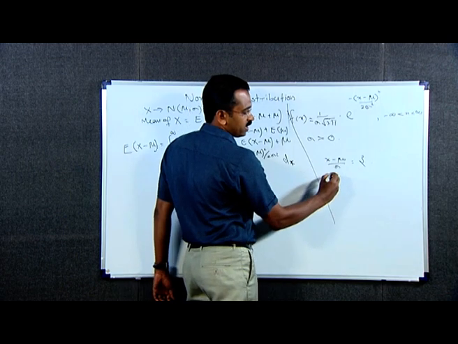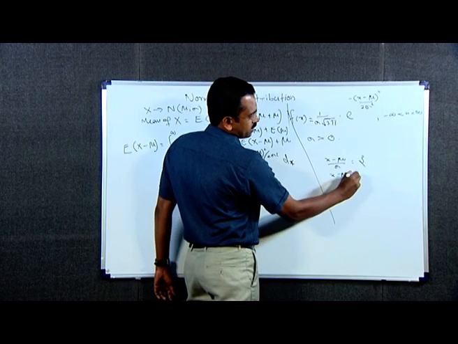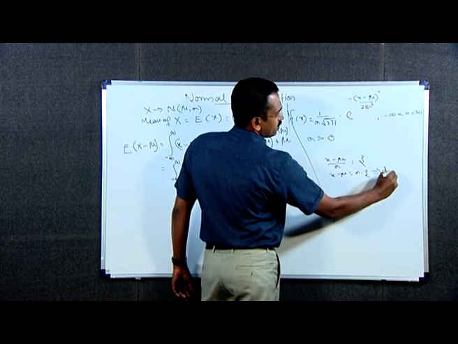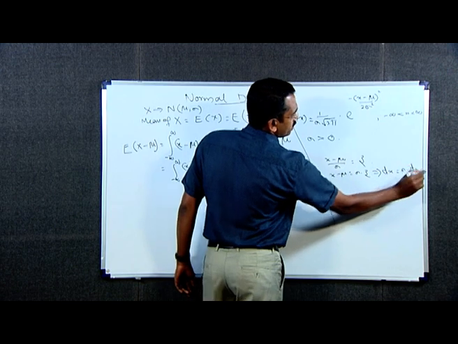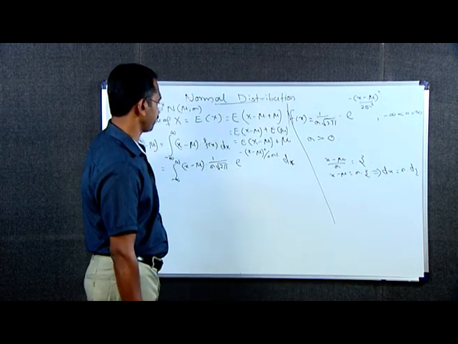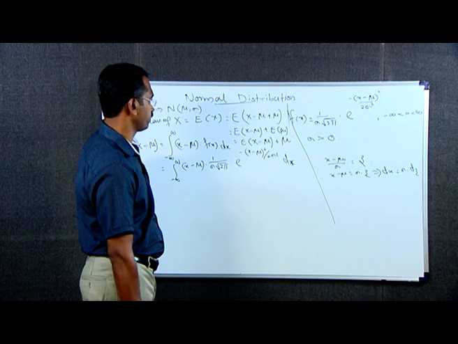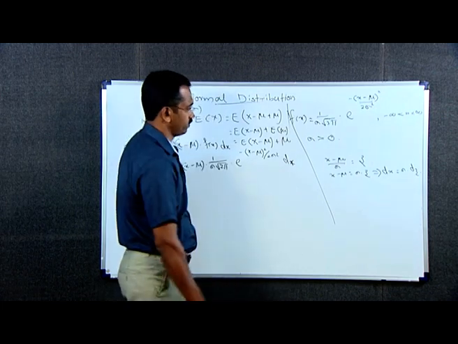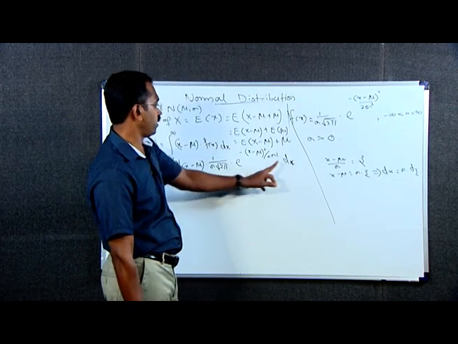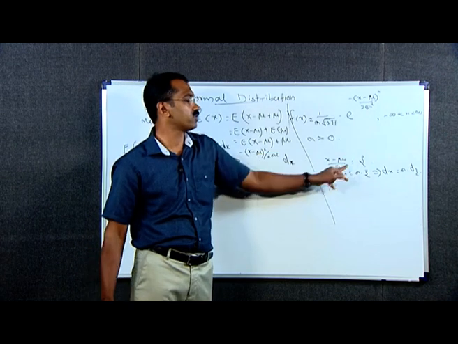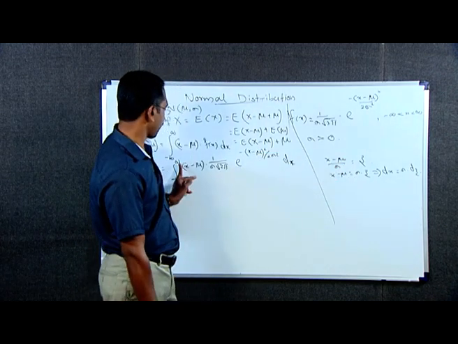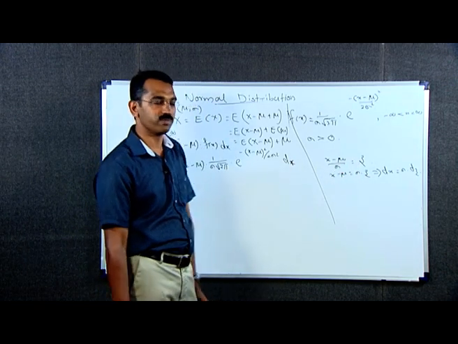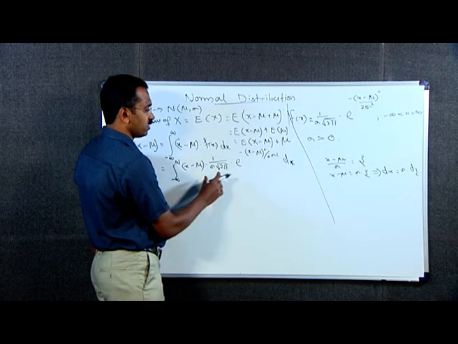Then x minus mu is equal to sigma z, which gives dx is equal to sigma into dz. If x is equal to minus infinity, z also is equal to minus infinity, and if x is equal to infinity, z also is equal to infinity. That means the limits are the same.